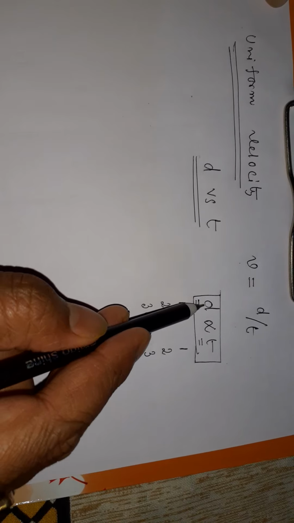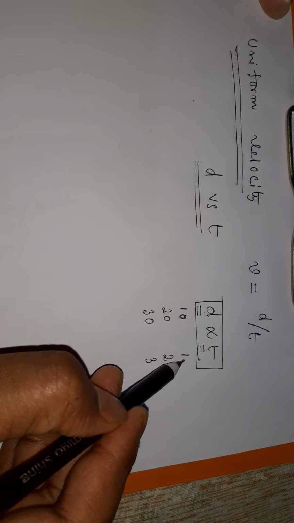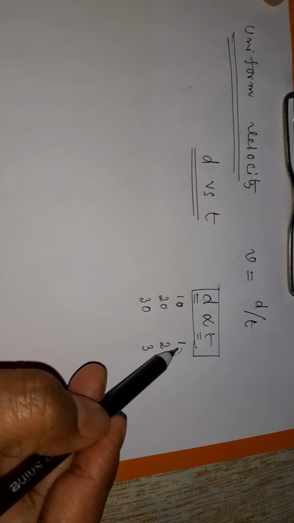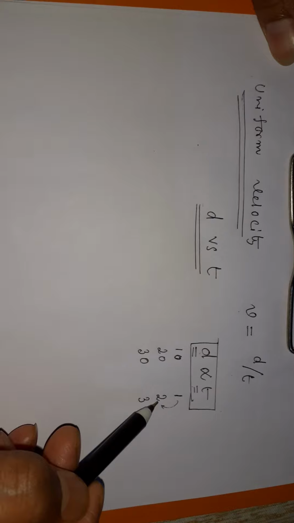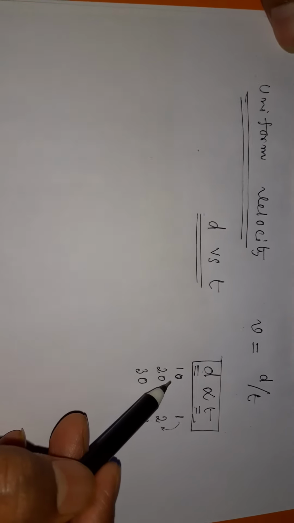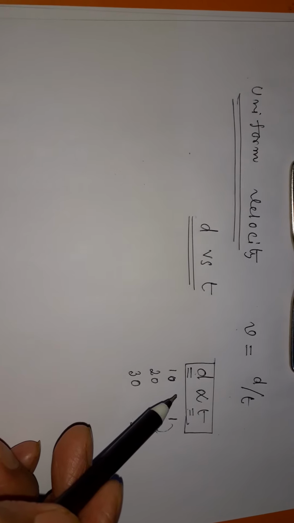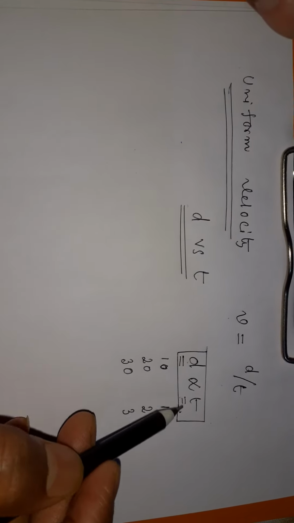Then you can tell these two are proportional. Time increases by 1 second only, 1 plus 1 is 2, 2 plus 1 is 3, and the distance changes by 10 meters only. This is directly proportionality.